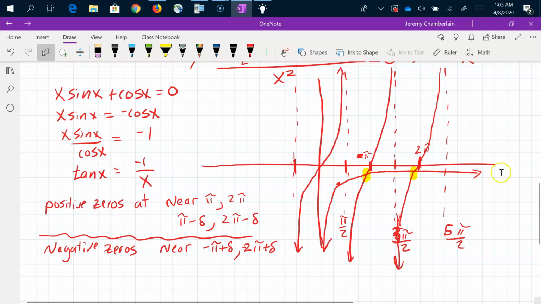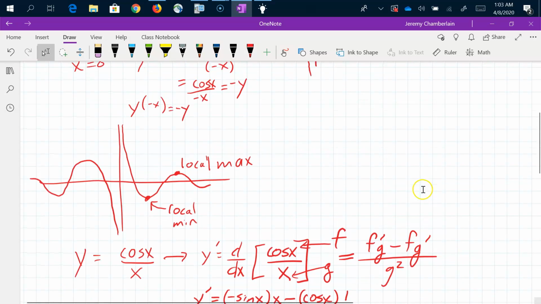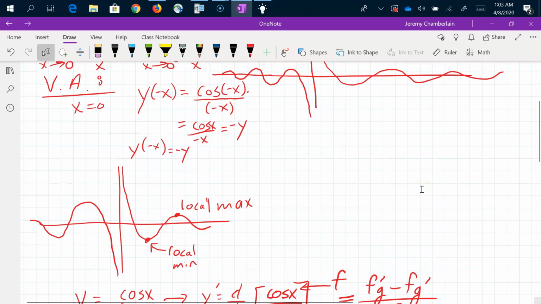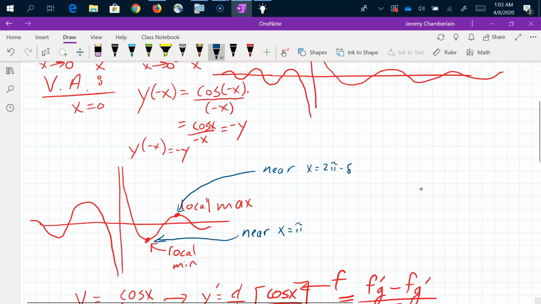So if we look at the sketch, on the right hand side, this is near x equal 2 pi minus some small positive number. This is near pi minus some small number.